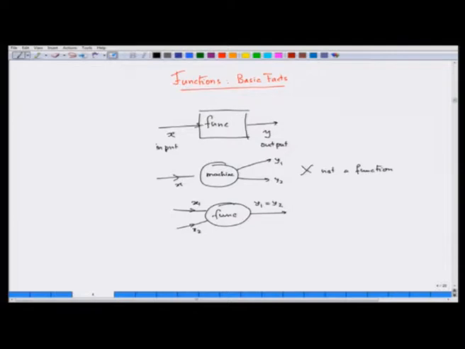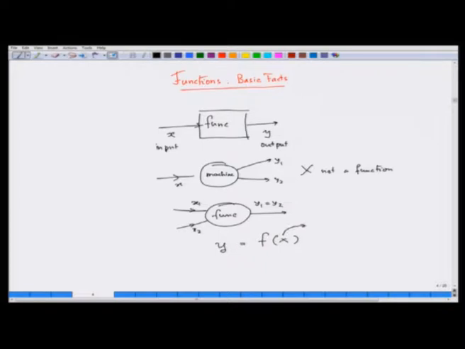For example, now the output is usually written as y and the function or the machine f is acting on x. So this machine f acts on the given input x and gives me output y.